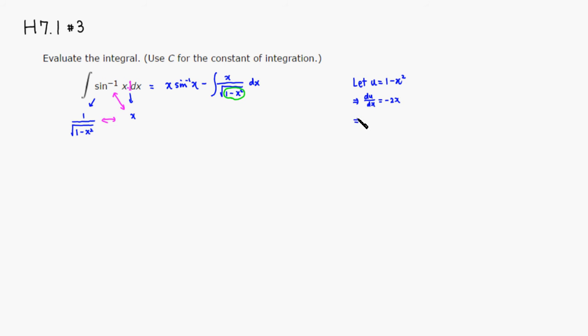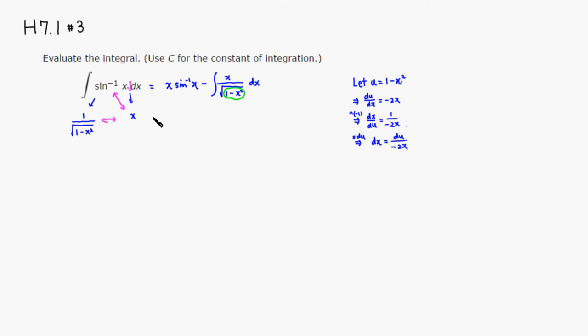And then we take the reciprocal of both sides. Then we have dx over du, which is 1 over negative 2x. Then we can multiply through by du to get dx equal to du over negative 2x.